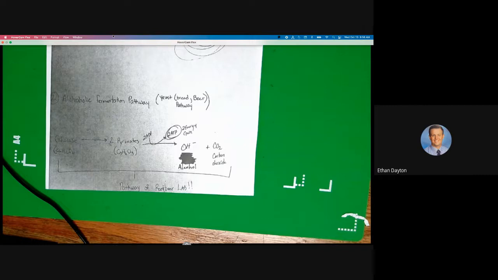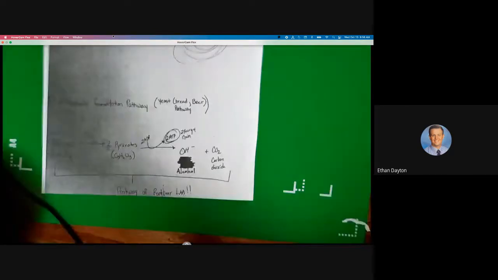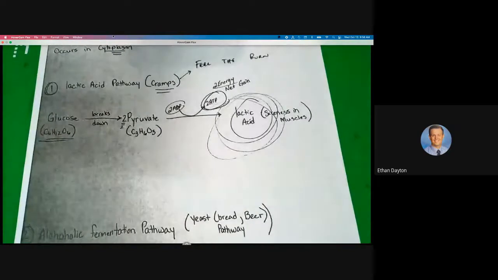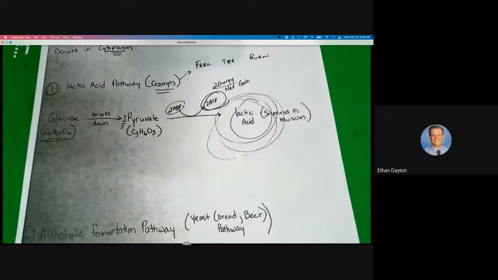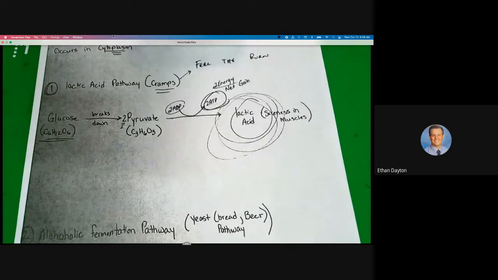Lactic acid builds up in the muscles, causing that soreness and that inability to perform after a short period of time, right? Another one was, we talked about squeezing the tennis ball, right?